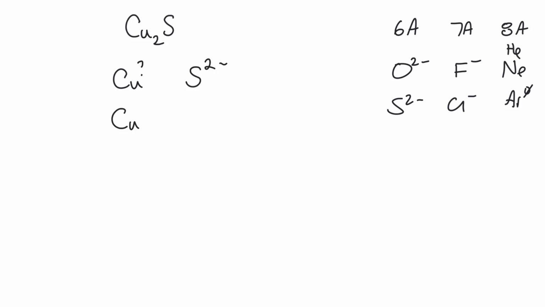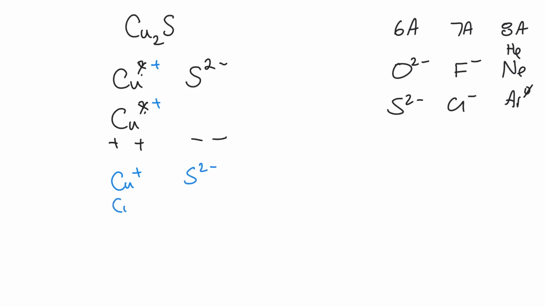And here's the thing, the golden rule says that the charges have to cancel. So that means the 2 negatives coming from the sulfur have to be canceled out by 2 positives coming from the copper. And the easiest way to imagine this is that instead of writing a question mark there, we can say each copper has to be positive 1, in order for the charges to cancel out.